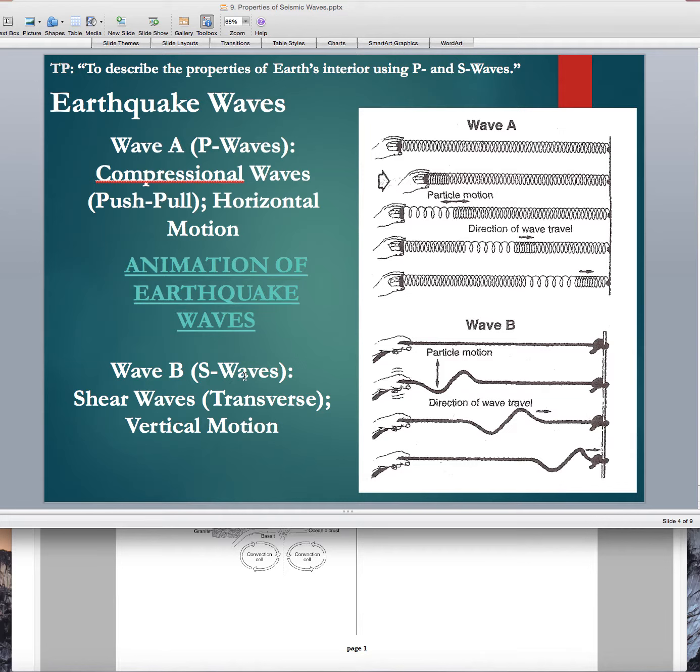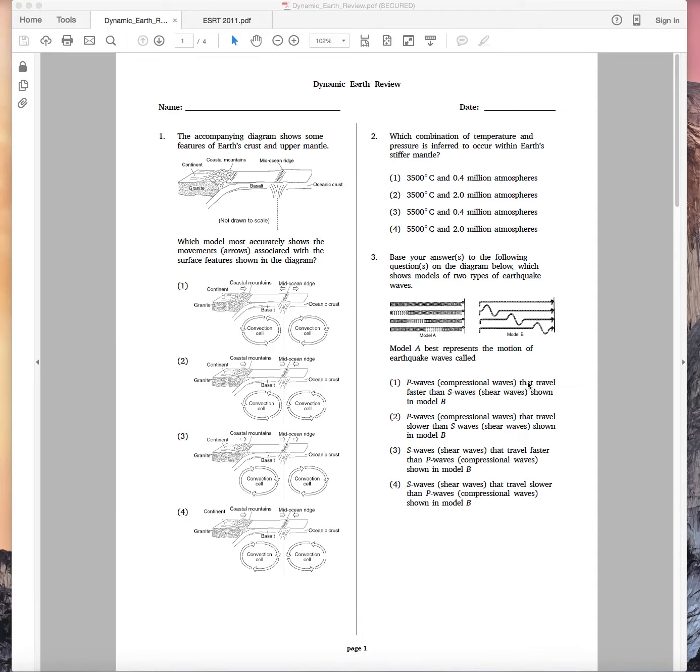And then wave B, S waves, shear waves, transverse, vertical motion. So model A best represents the motion of earthquake waves called P waves. Model A is horizontal motion, B is vertical motion.